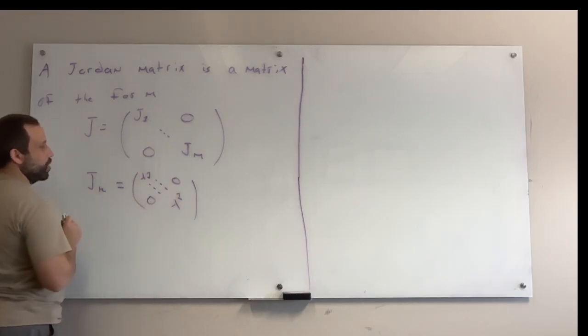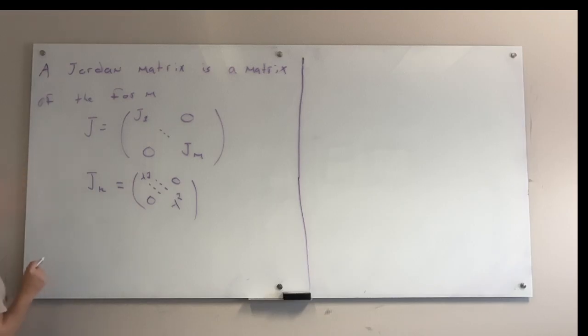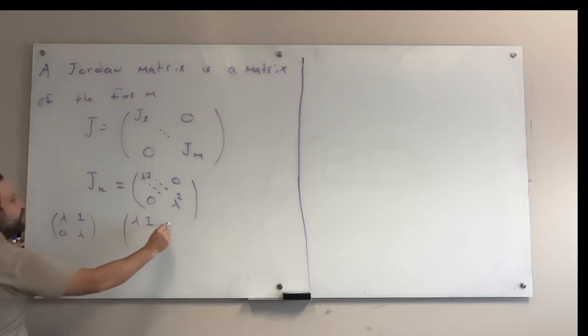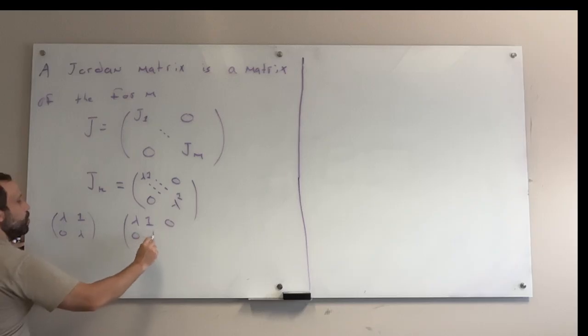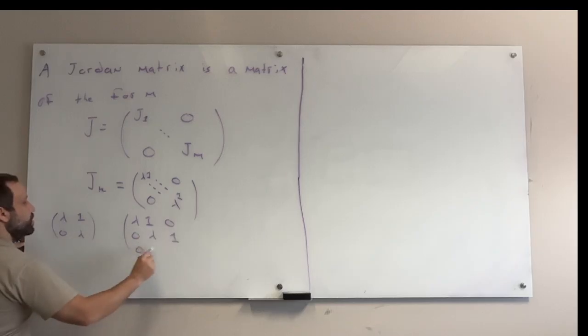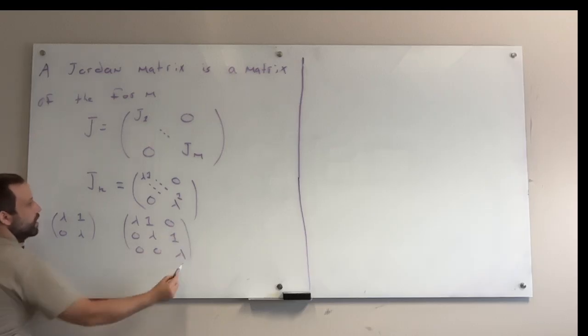and zeros everywhere else. For example, a 2 by 2 Jordan block would look like this: lambda, 1, 0, lambda. A 3 by 3 Jordan block would be lambda 1 0, 0 lambda 1, 0 0 lambda.